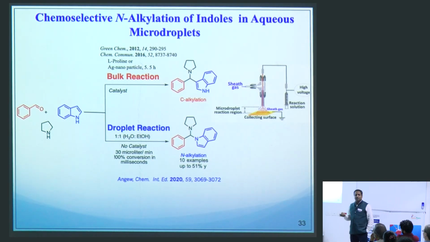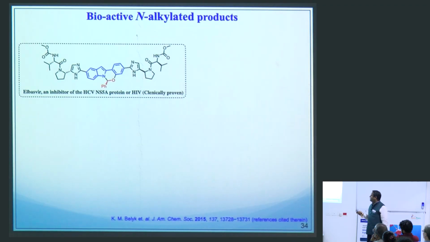Why are N-alkylation products important? These are called hemiaminals. They are highly unstable. Whenever we have two oxygens on a carbon or two nitrogens on a carbon, they undergo a reversible reaction to form the basic starting materials again. These types of compounds are always highly unstable. But if you look at the literature, this is an HCV drug analog, clinically proven for HIV, where we have an oxygen and nitrogen core.